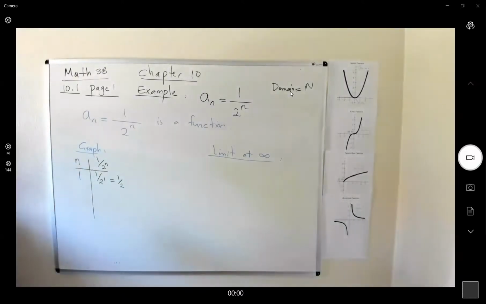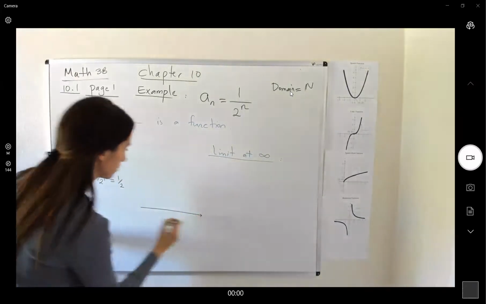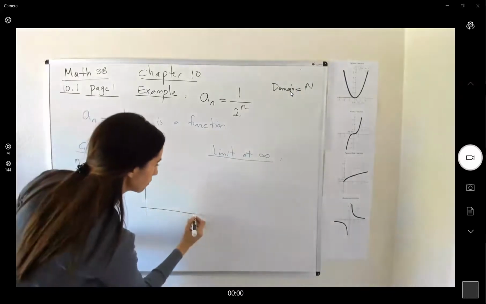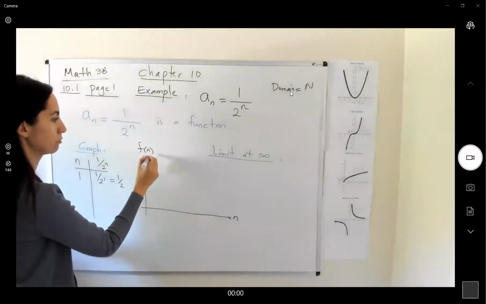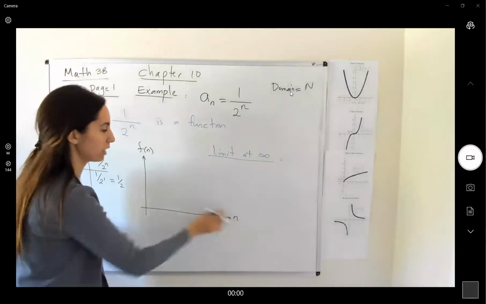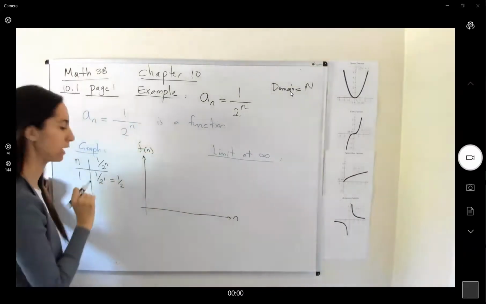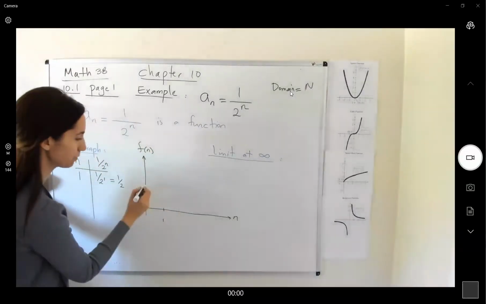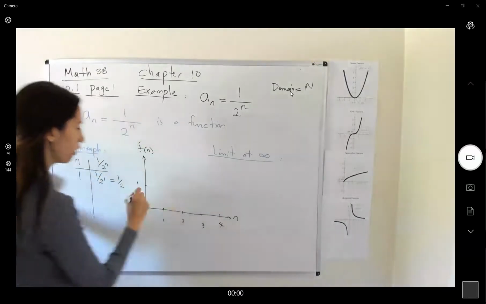Let's graph this. On the horizontal axis, instead of having x, we have n. On the vertical axis, we have f of n, the y values. This is 1, 2, 3, 4, 5, and you can continue.